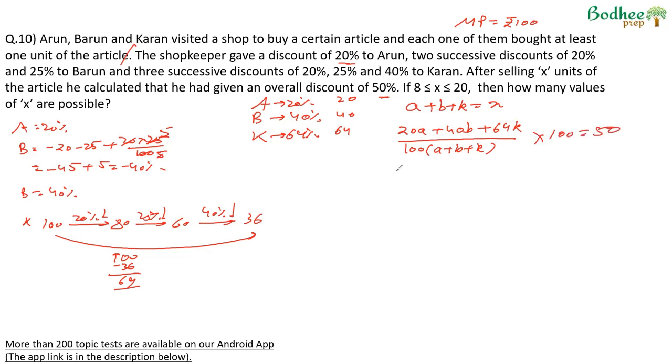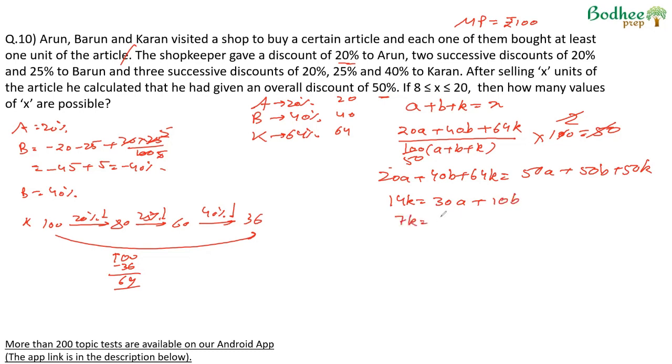Overall 50% discount, which will give us 20A plus 40B plus 64K will come out to 50A plus 50B plus 50K. Rearranging the numbers, 14K is equal to 30A plus 10B, divided by 2, 7K is equal to 15A plus 5B.